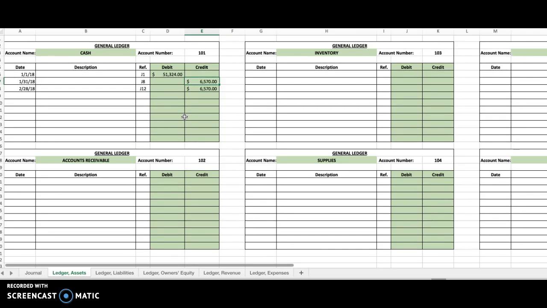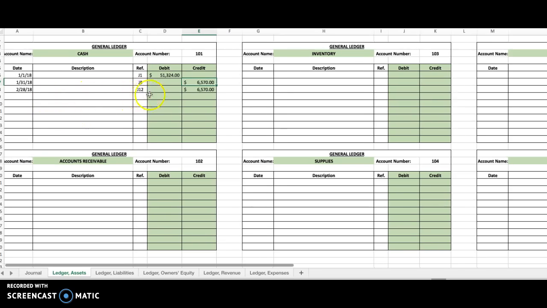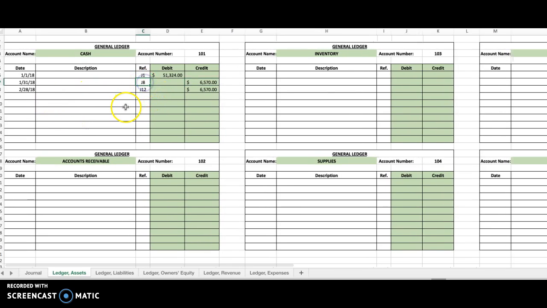We will assume it's the same. Employees earn the same amount of money every month. So that was in January, and that would have been posted from journal page 8. In February, at the end of that month, we had another payroll, and again, that reflects back to the entry, in this case, from journal page 12, and again, the same credit to cash. Okay?